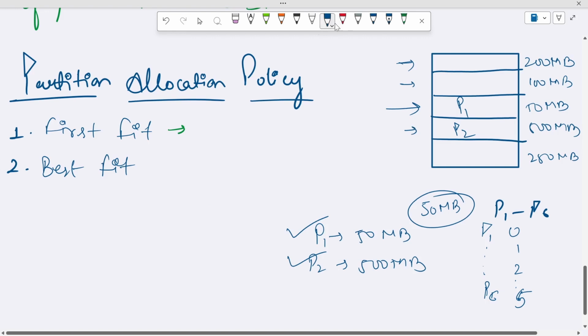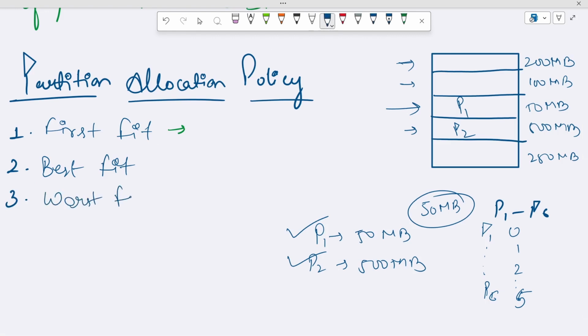Now the third one is called worst fit. By its name it is clear that it is going to do the worst.